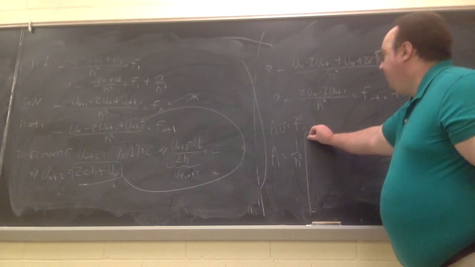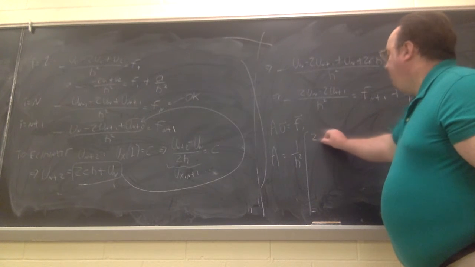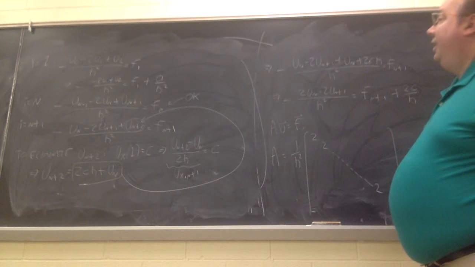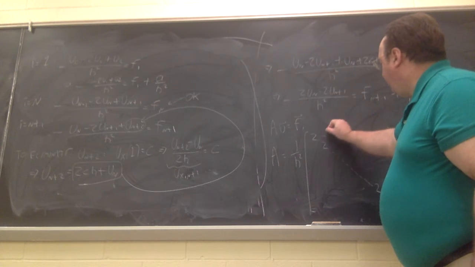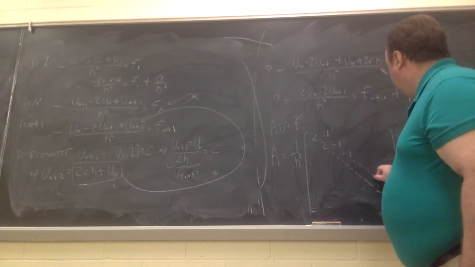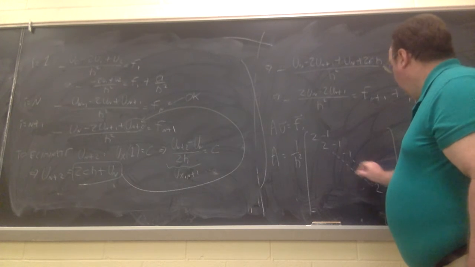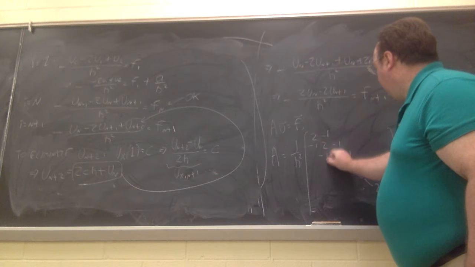So I have 2's down the diagonal, and I'm going to have minus 1's above, minus 1's below.